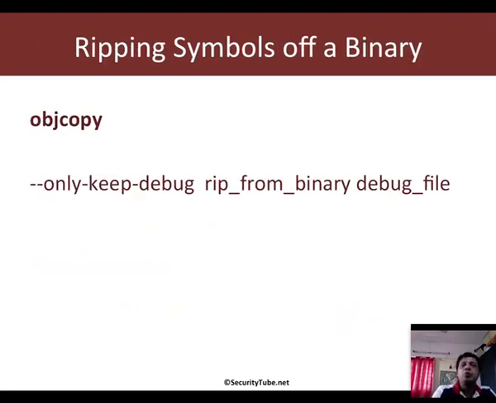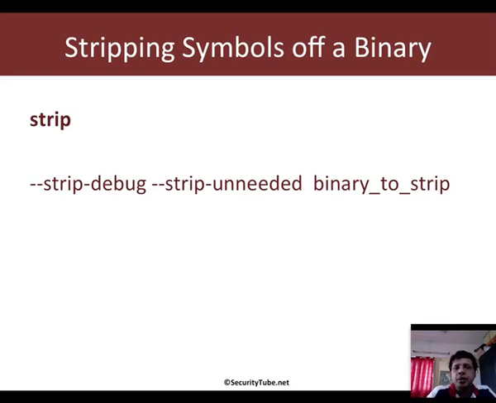Now, what if you wanted to rip your binary of all the symbol files, right? What we actually figured out was that there are two possibilities to do it. The first is you don't really change anything in the binary. You just copy the symbol files out. That's done with objcopy with the only-keep-debug option. Now, if you really want to strip the debug symbols off your binary, use the strip command with the strip-debug option.